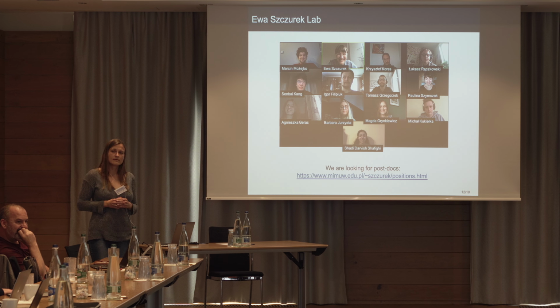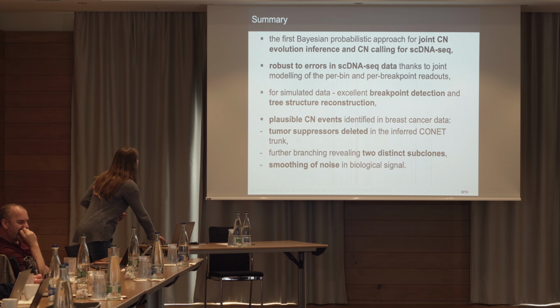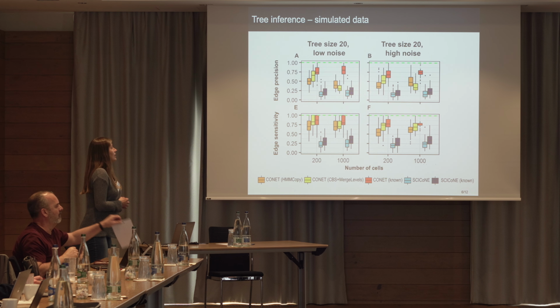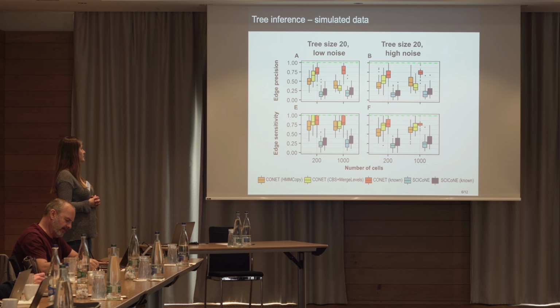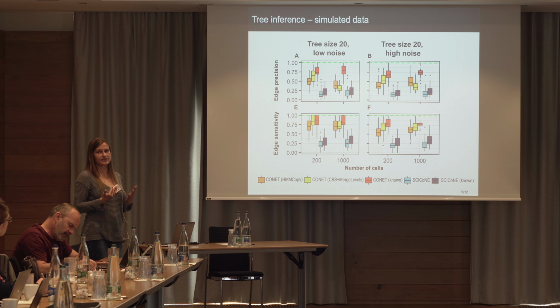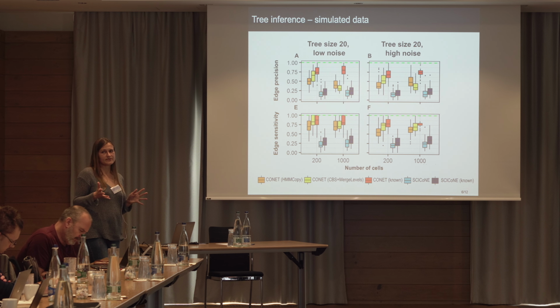What do you mean by much better? Because you have simulated data and you know the ground truth, but how different can the trees be? Yeah, comparing two copy number event trees by one measure is very difficult because you don't even have the same set of nodes. You can infer smaller or larger trees with completely different sets of labels.